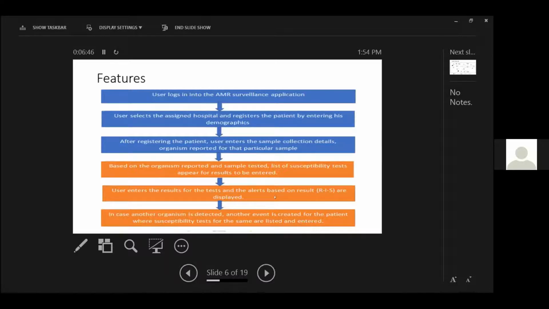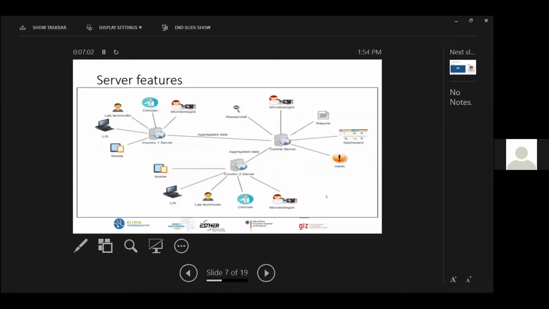And then there is a system that will auto-detect the resistant, intermediate or susceptible pattern of the organism based on the disk diffusion, if the hospital uses that, or the minimal inhibition concentration, MIC. So this is the feature for the server. At each hospital, we plan to have the mobile app and the web application as well.